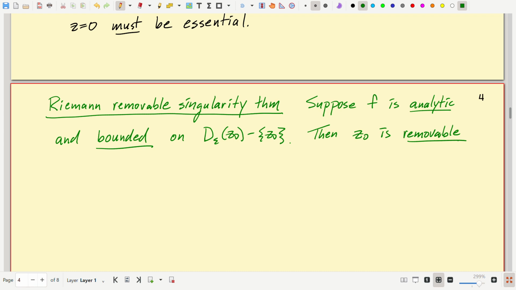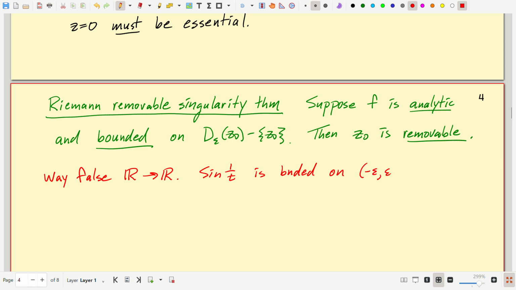That's way false in the real case. For example, sine 1 over t is bounded on minus epsilon to plus epsilon minus 0.